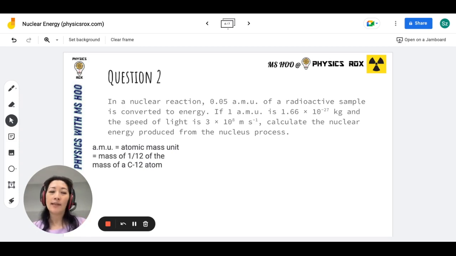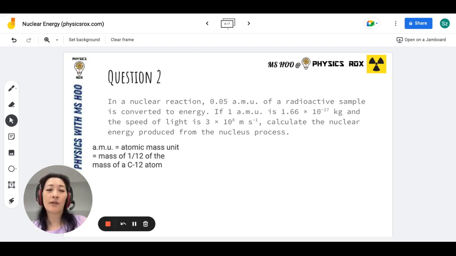But why we don't say hydrogen in this case is because historically, when we came up with the definition, we used carbon as the standard instead of hydrogen. So that's why the definition uses carbon. 1/12 of a carbon-12 atom: carbon-12 has 12 mass units, so 1/12 is actually 1 unit.